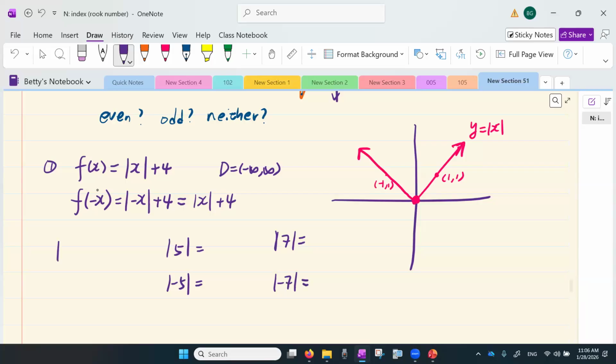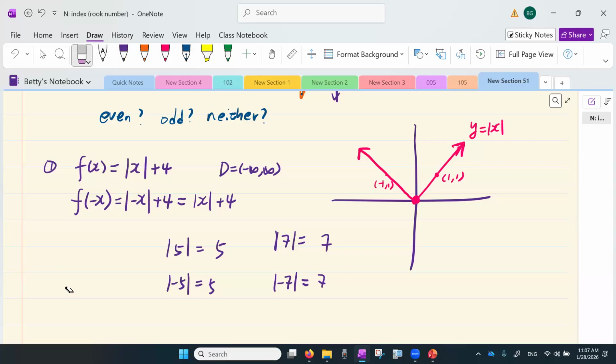You can find as many numbers as you want until you feel comfortable. Negative 10. Absolute value of a number is defined as the distance between the number and the origin. Absolute value of 5 is 5, 7, 10. I believe you know that. Absolute value of negative 5 is also positive 5, because the distance between negative 5 and 0 is also 5. 7, 10. Do you agree, guys?